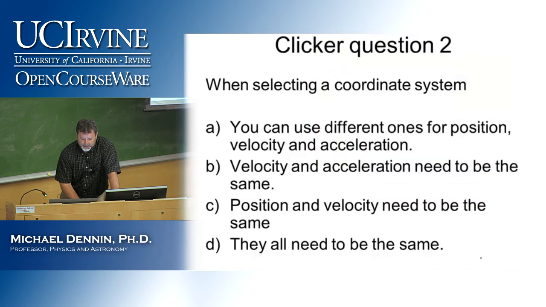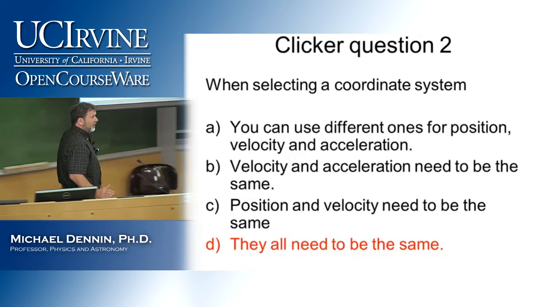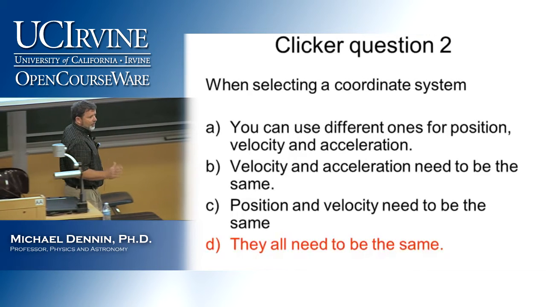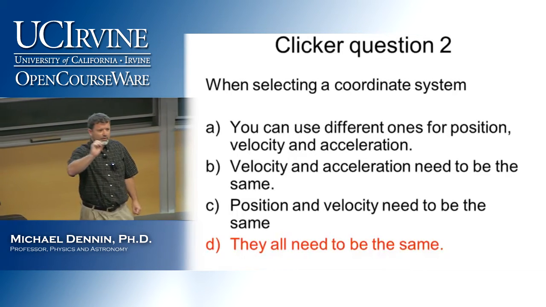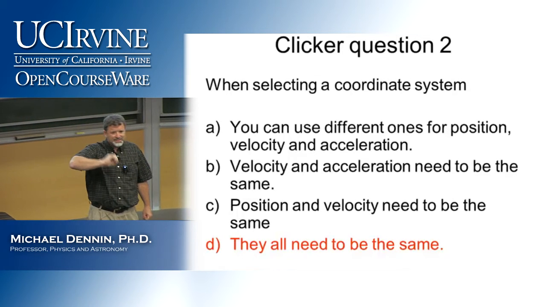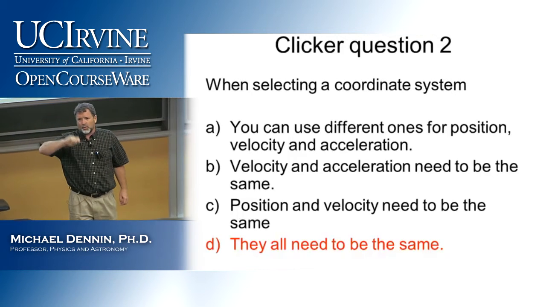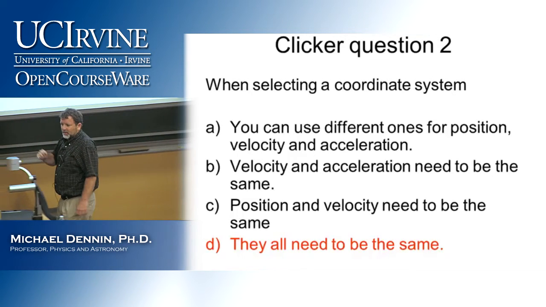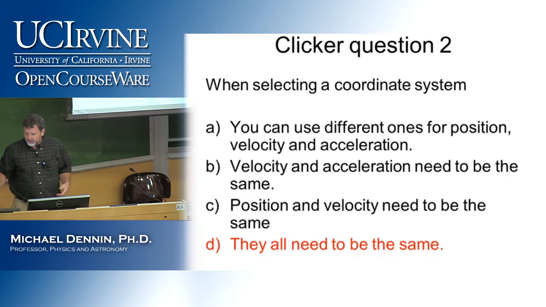So let's look at my answer, and indeed D. You have to be really careful with this. It is one coordinate system for the whole problem. Because, remember, velocity is the derivative of position, acceleration is the derivative of velocity. They only make sense with the same coordinate system. Another way to think about it is we wrote it down as a vector addition equation.